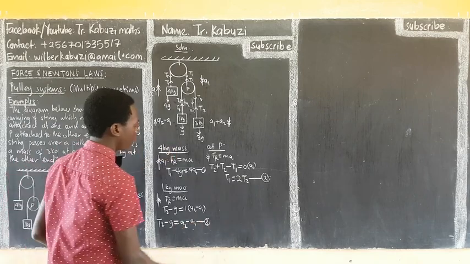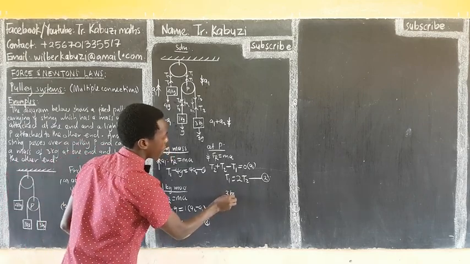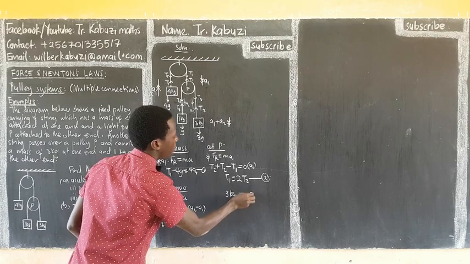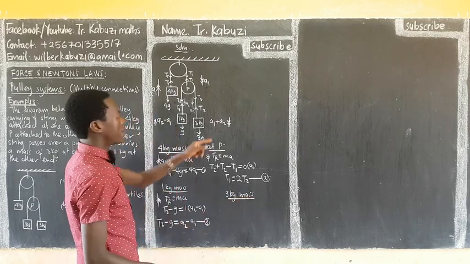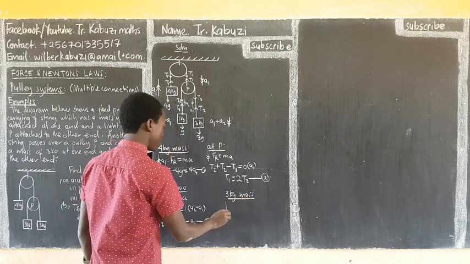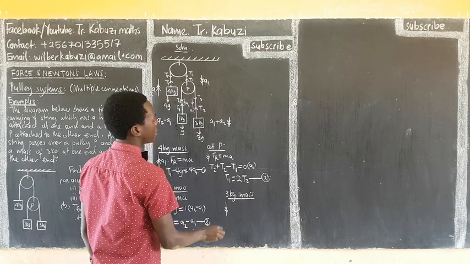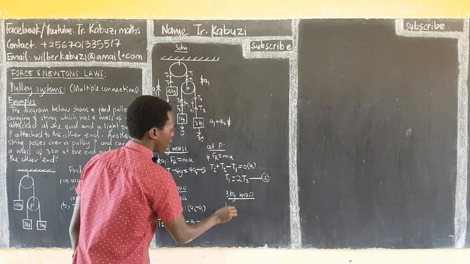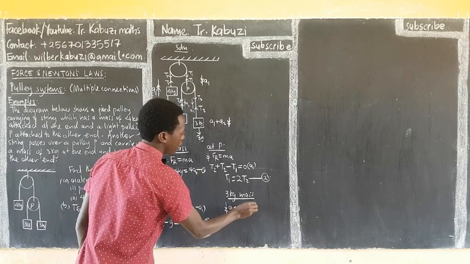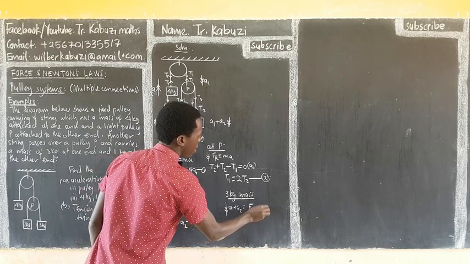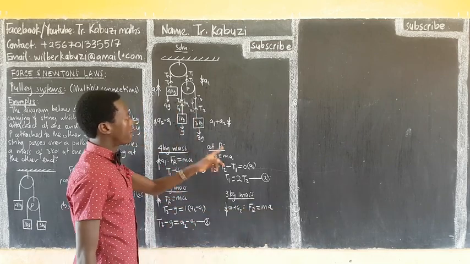When I come to the 3 kilogram mass, it's moving in this direction. What is forcing it is the acceleration A1 plus A2, using Fr equals MA.